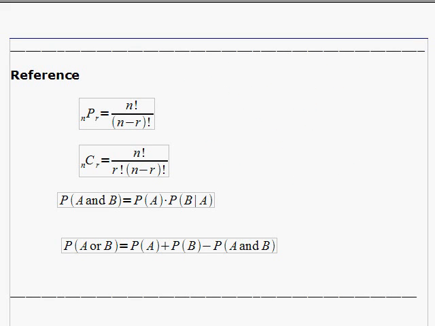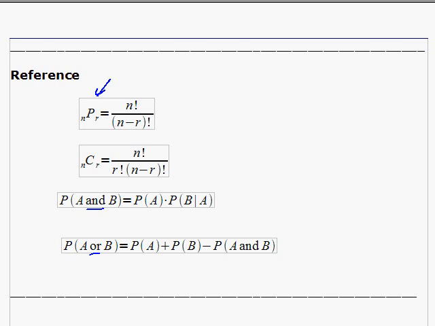The next two formulas here are probabilities of event A and event B, or event A or event B. This is your inclusive or, meaning A or B or both of them together. And A and B are here taken as events, and this is your probability.